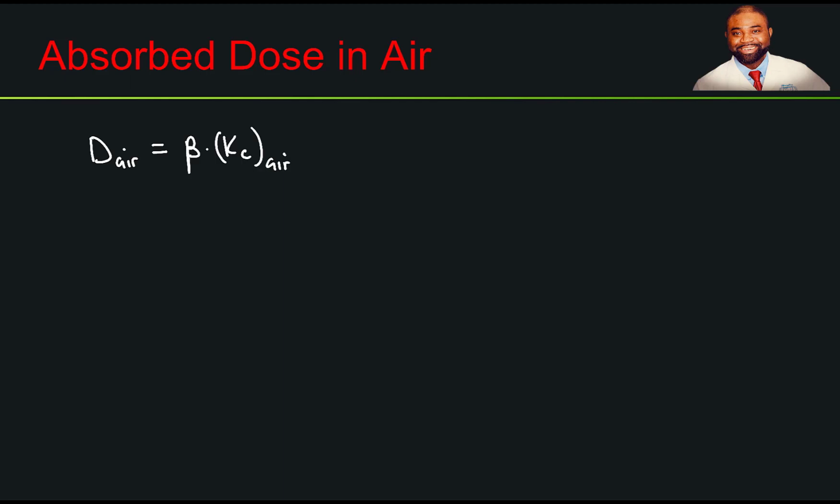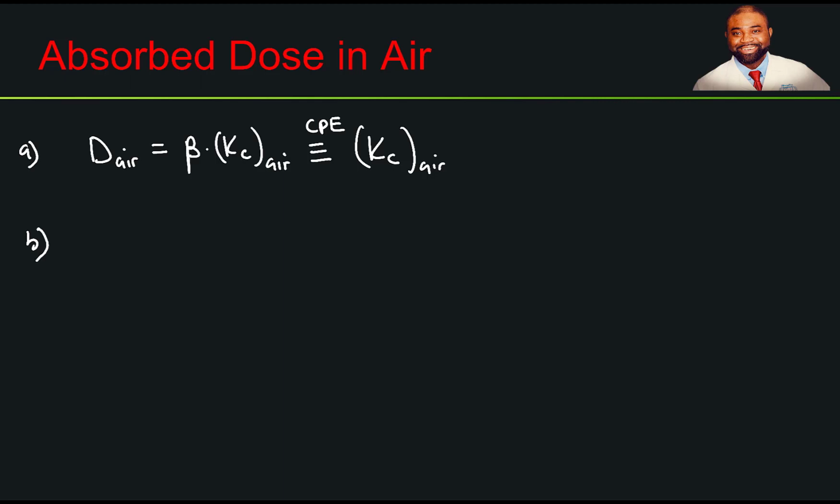If we assume that charged particle equilibrium exists, then beta will be equal to 1, and the dose in air will be equal to the collision KERMA in air. Let me call this A.